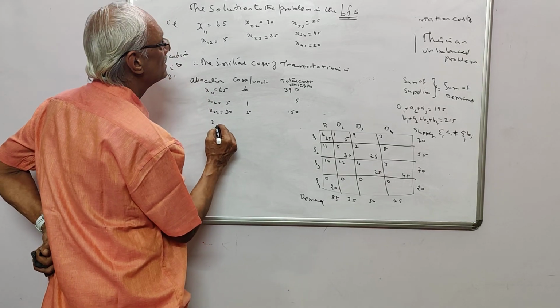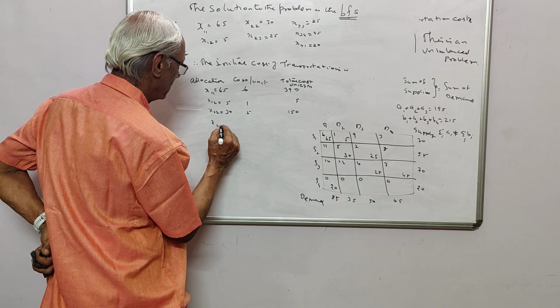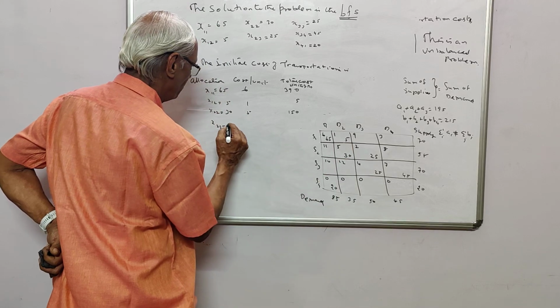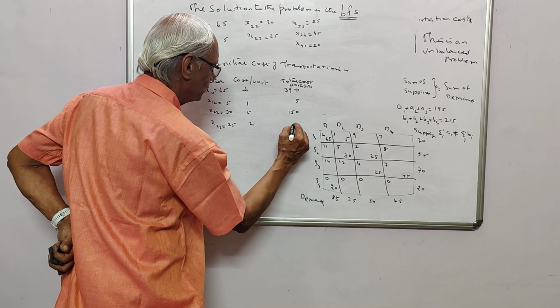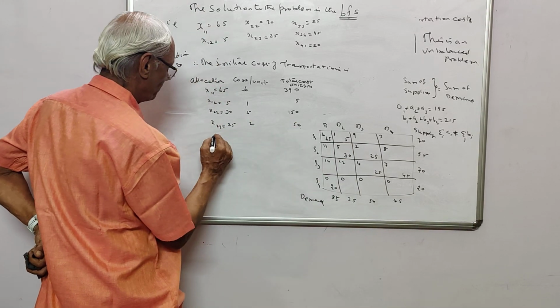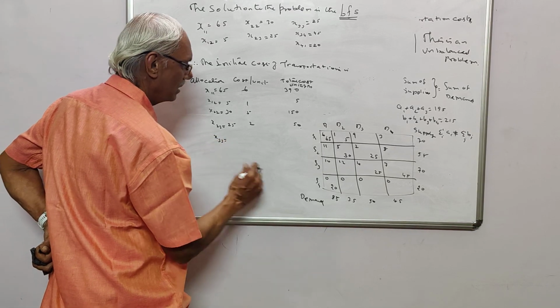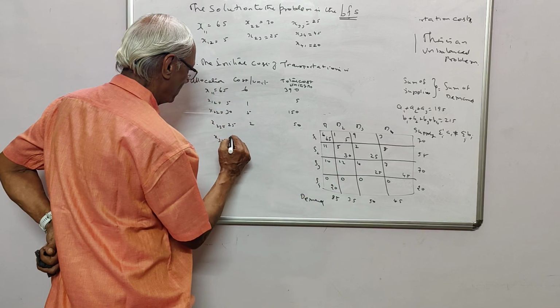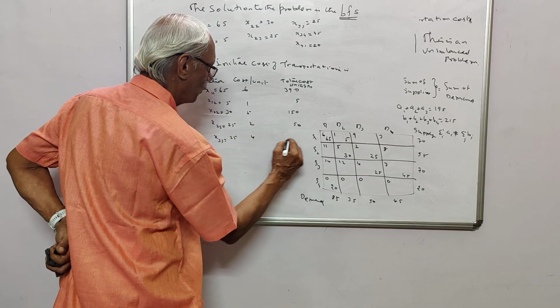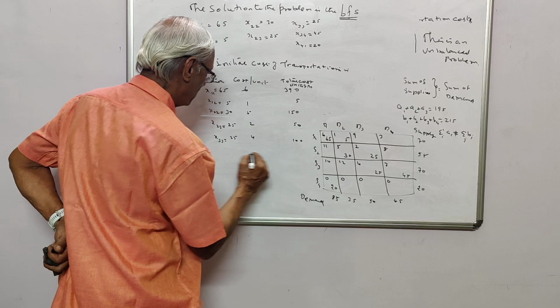Then X23 is equal to 25 and cost 2, it is 50. Then X33, 25, cost 4, it is 100.